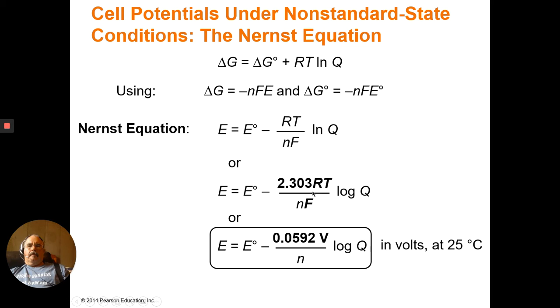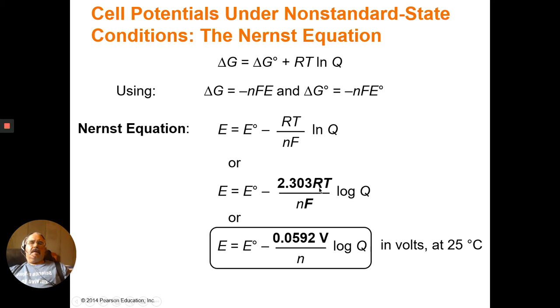Okay, here the 2.303 is a conversion factor for going from natural logs to base 10 logs. Okay, and the reason that we commonly use base 10 logs in electrochemistry is because of pH meters, and the pH scale is built on base 10 logs.